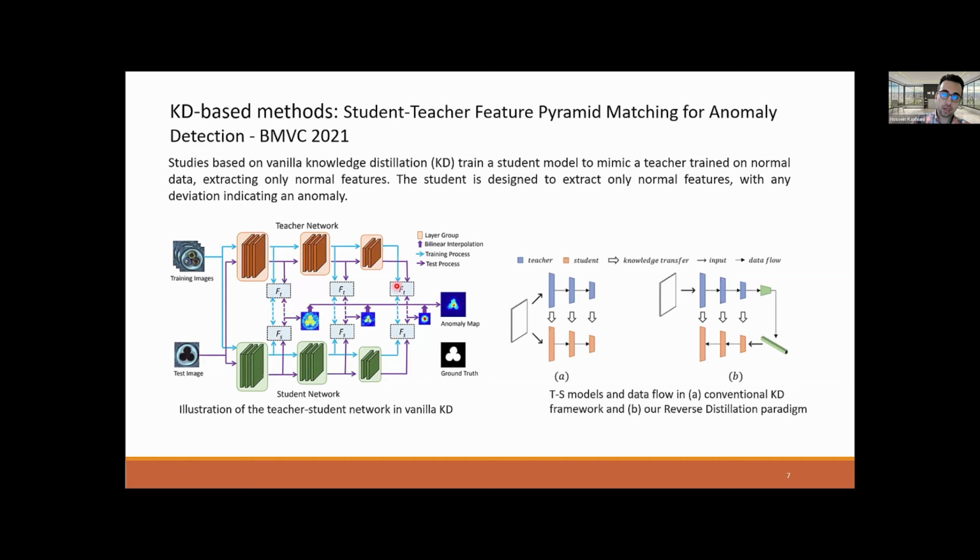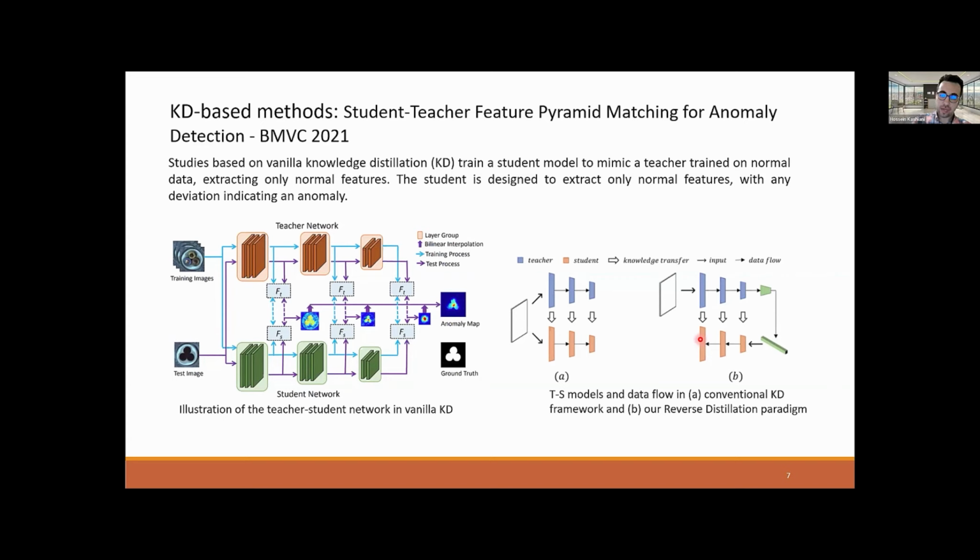But after this vanilla knowledge distillation, we have another line of research. We try to address some of the issues and challenges of this baseline knowledge distillation, which we call reverse knowledge distillation. In reverse knowledge distillation, we compress the data of the teacher and feed it to the student so that the student can mimic this representation and the knowledge of the teacher.